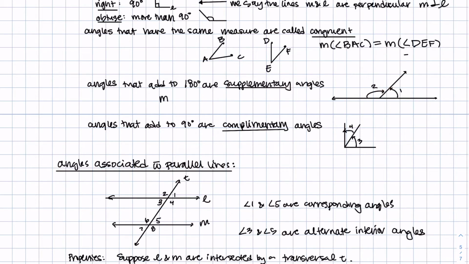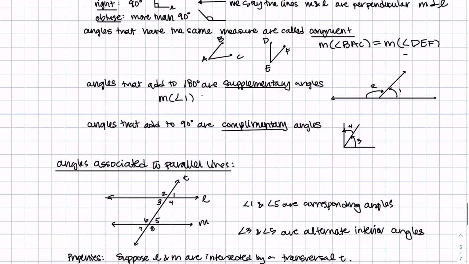So measure of angle 1 plus measure of angle 2 should be equal to 180 degrees. And they're complementary if their sum is 90 degrees. So in this example on the right here, the measure of angle 3 plus the measure of angle 4 should be 90 degrees.